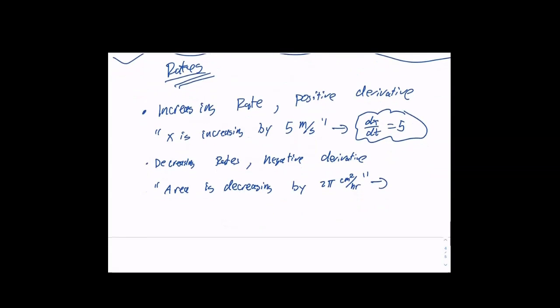What have I told you? What does this tell you? It tells you dA/dt. If it's decreasing, that means it's changing. Decreasing means changing. So it's not telling you what is x, it's telling you what dx/dt is. It's not telling you what is A, it's telling you what dA/dt is. So dA/dt is equal to what?